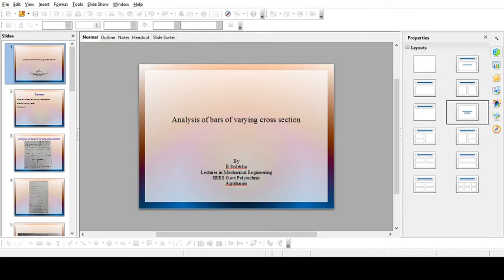Next, let us do a problem. A steel tie rod of 40 mm diameter and 2 m long is subjected to a pull of 80 kilonewtons.